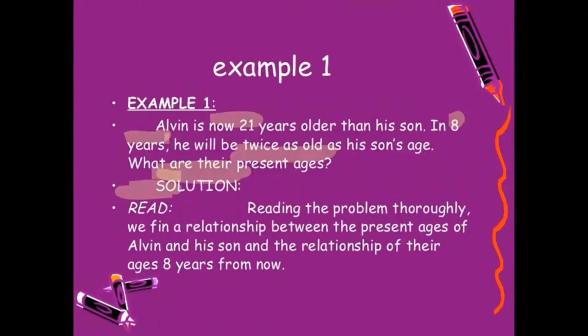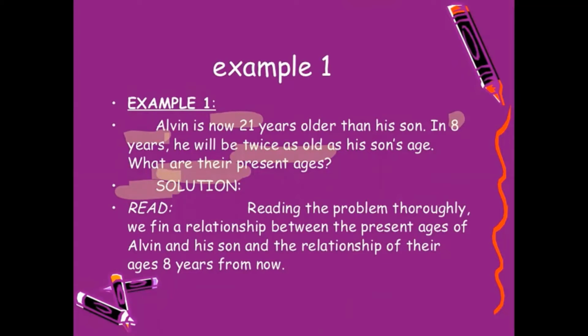Example one. Alvin is now 21 years older than his son. In 8 years, he will be twice as old as his son. What are their present ages? Now there are only two persons, son and father.